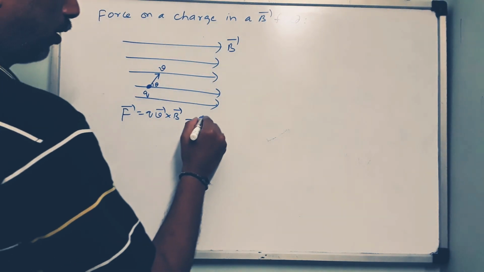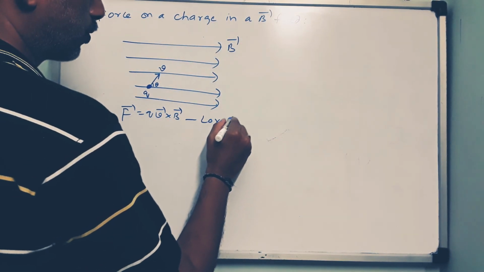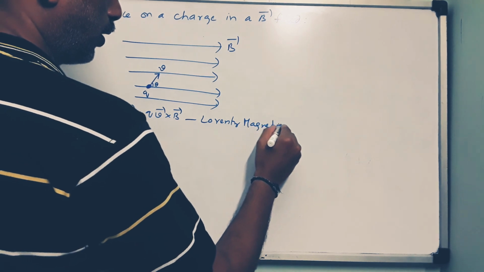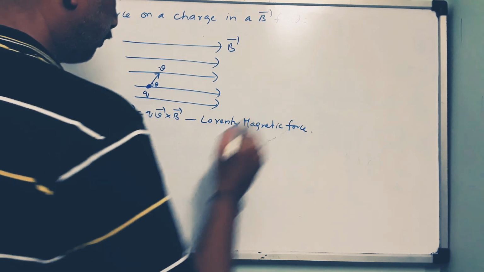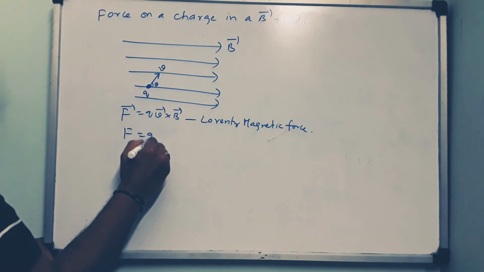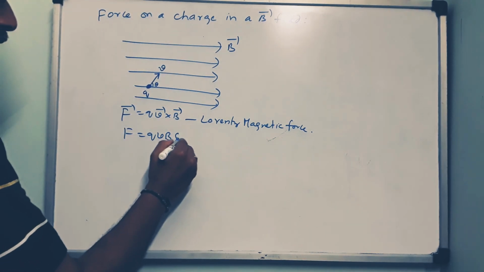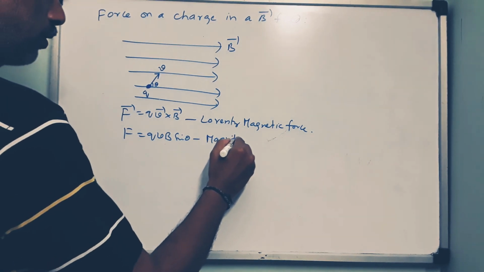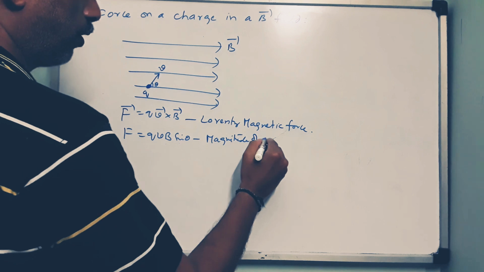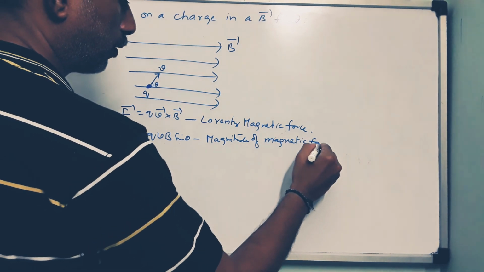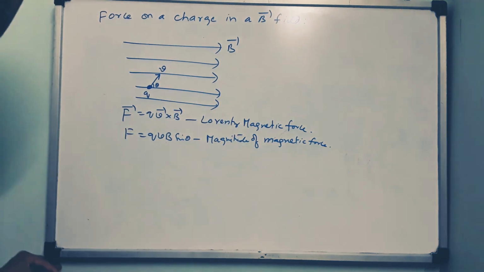So this is called the Lorentz magnetic force. The magnitude of the force is F equals QVB sin theta, the magnitude of the Lorentz force. So magnitude-wise you are clear.